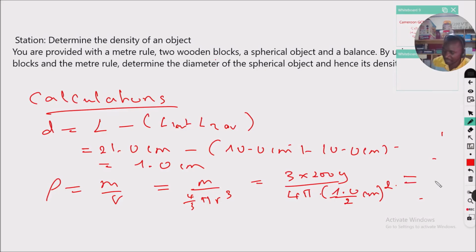Take for example the answer gives a value. I've not calculated the value, but let's just say it has 100 kilogram per cubic meter.